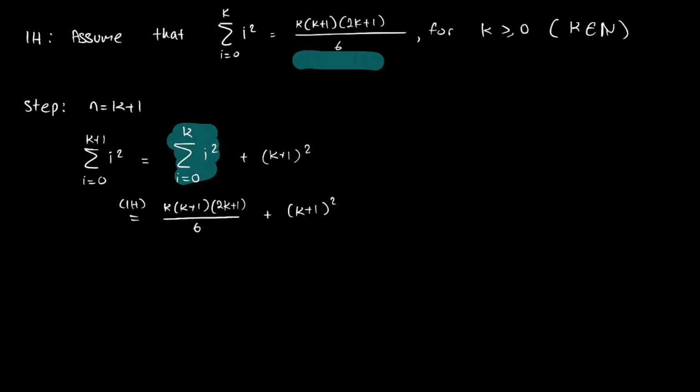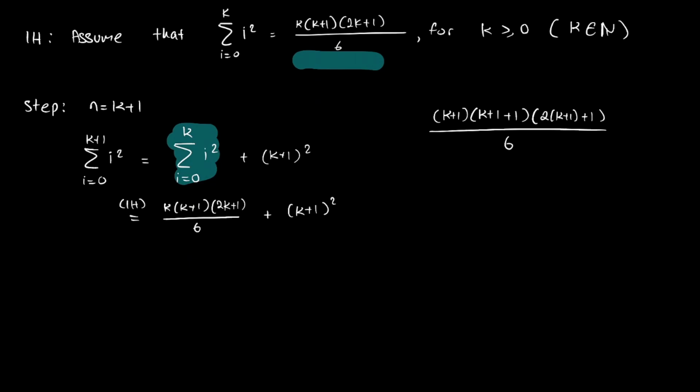Okay, and before we continue solving the question, it's good to always write down what you're trying to achieve. So in this case, by manipulating these two expressions, we want to prove that this is equal to k plus 1 times k plus 1 plus 1 times 2 times k plus 1 plus 1 over 6.